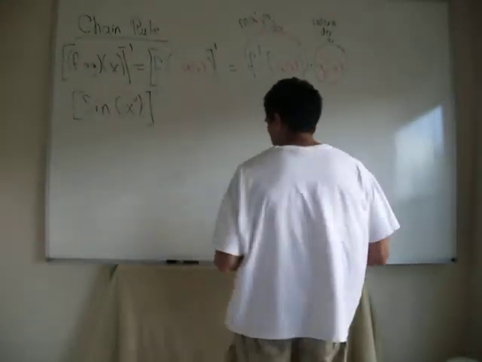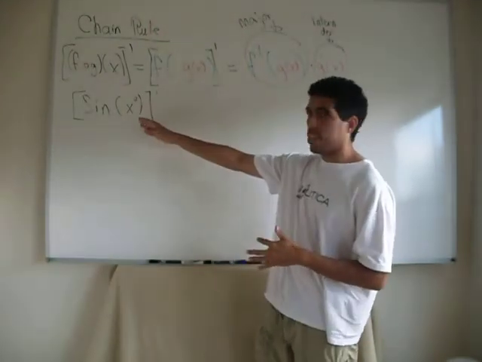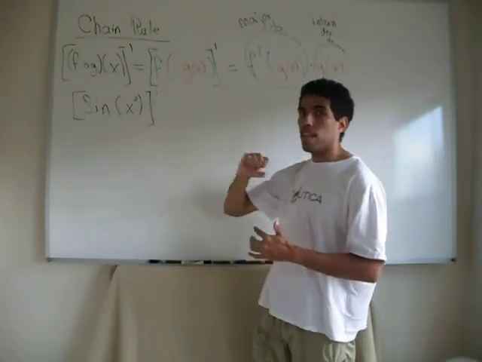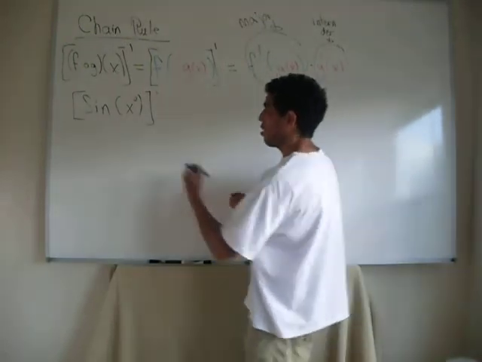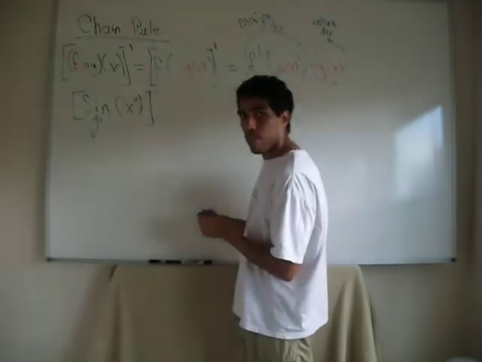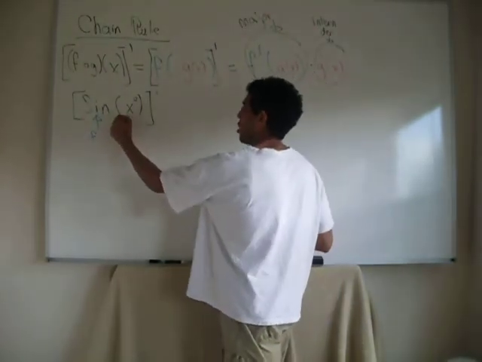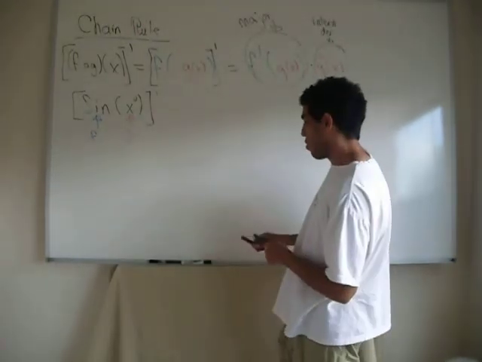As we saw in the past video, the first thing I did to the variable x was square it, and then the last thing, the major thing, was the sine of it. So that means this right here is f, because it's the major, the last step, and this right here is g, which is called the inner function, the first step.